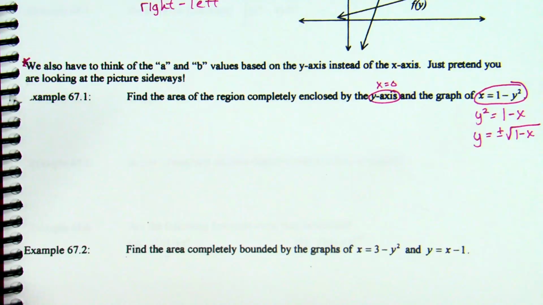If you notice in the original problem, there's an x to the first and a y squared. Normally, if it's y equals and it's x squared, it's a vertical parabola. Instead of having y equals and x squared, having x equals and y squared is going to be a horizontal parabola. Now, you can graph these on your calculator if you want.